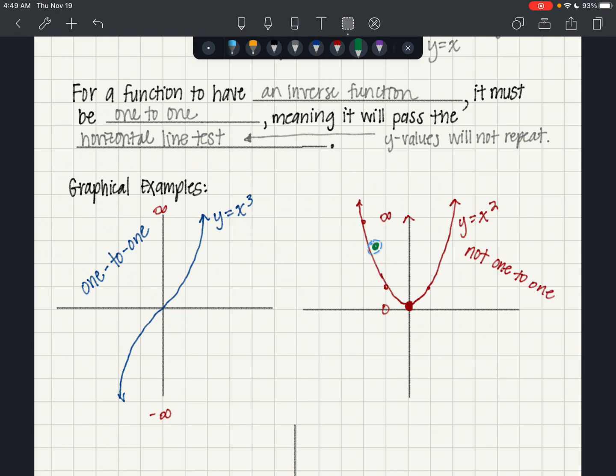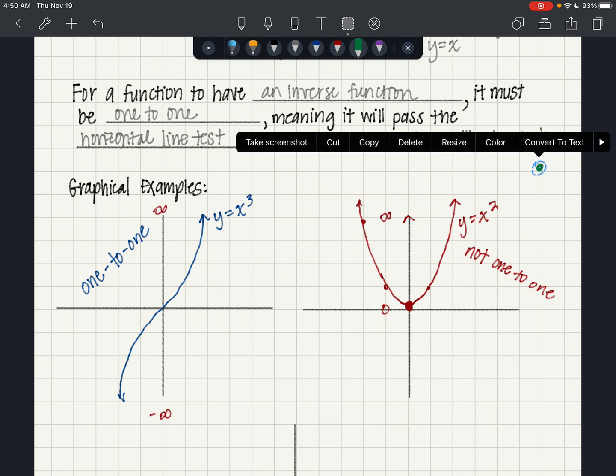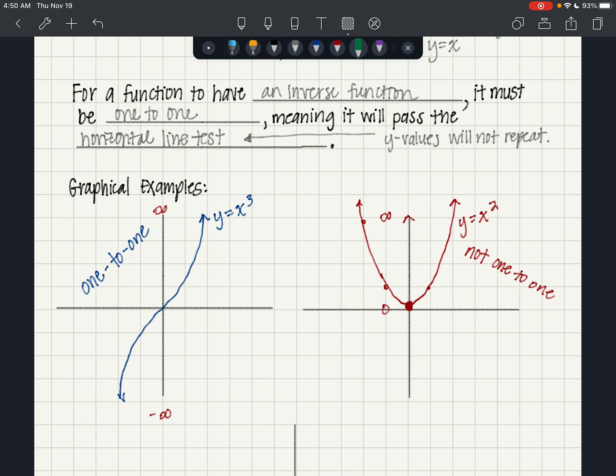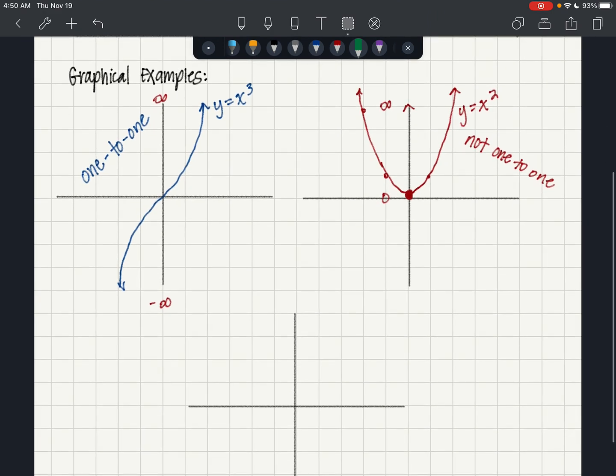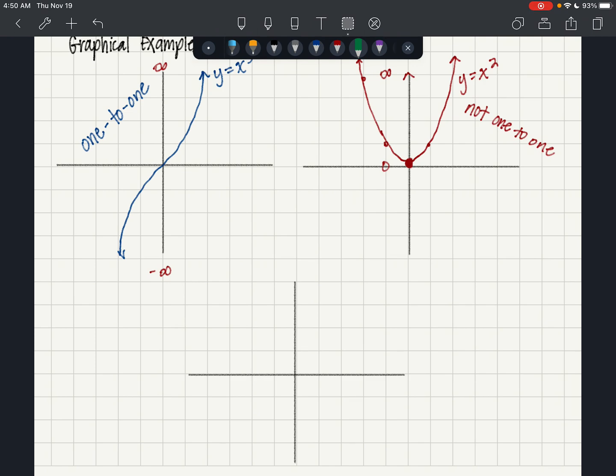Now, it only has to repeat one y value for it not to be one-to-one. But in this case, a lot of y values repeat. Therefore, it makes it easy to see that it is not one-to-one. Now, when we talk about the horizontal line test, let me show you.